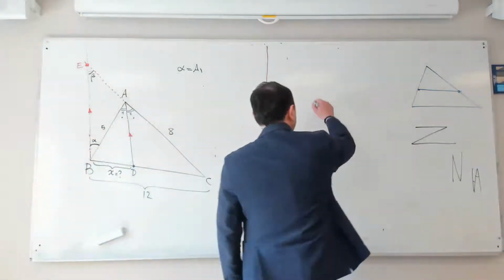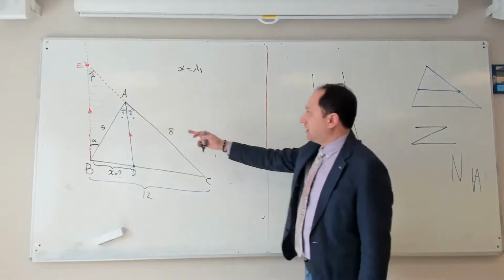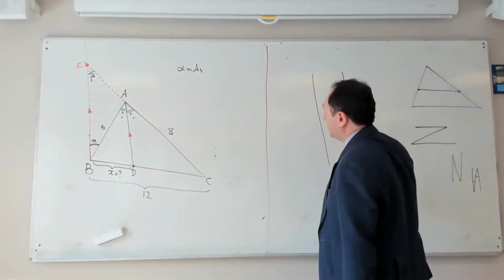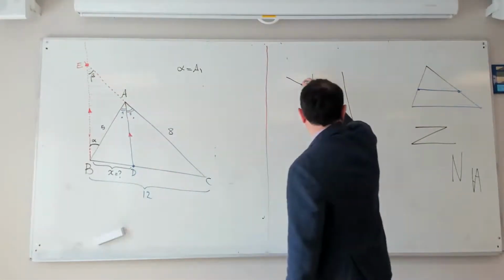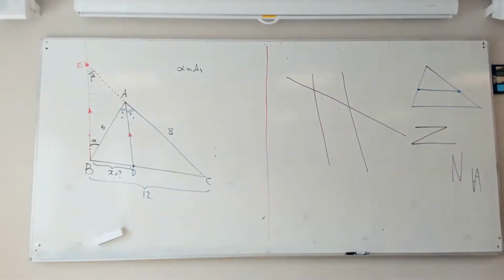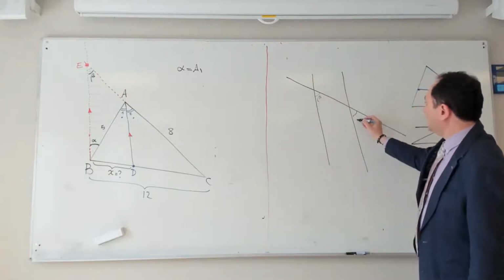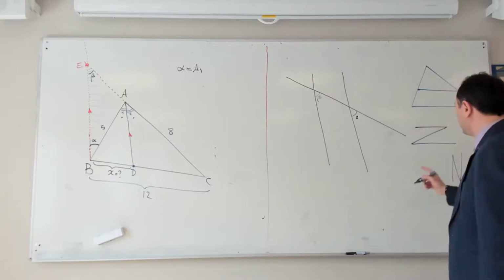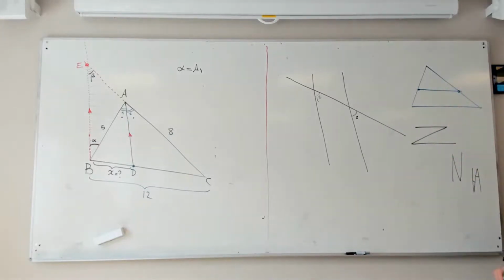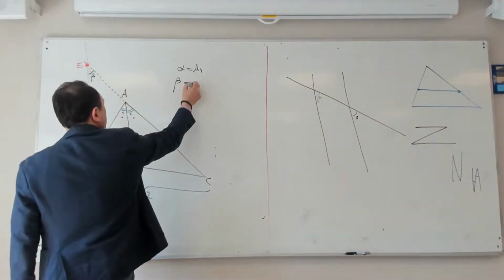You see these two lines are parallel. This line is this line, and this line is that line. And then let me draw this line. So where is beta? Beta is here. Do you agree? And where is A2? A2 is here. So they are equal, exactly because of the same theorem: parallel and transverse. So beta is equal to A2.